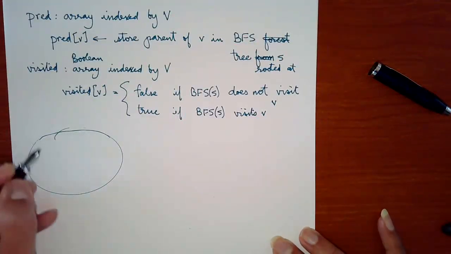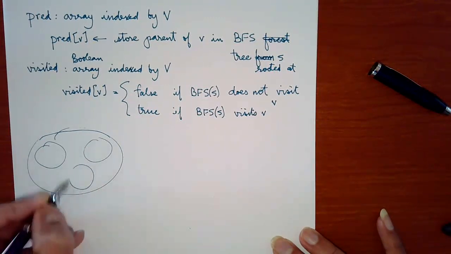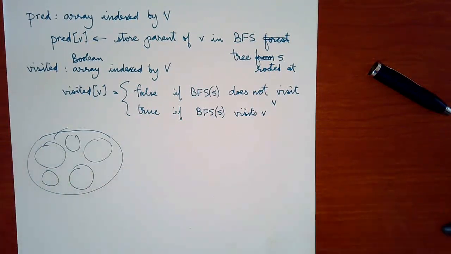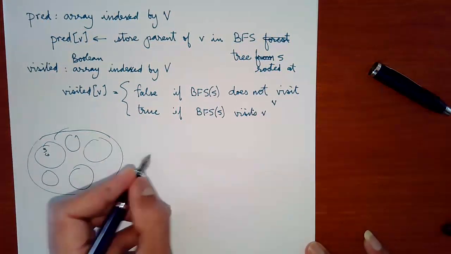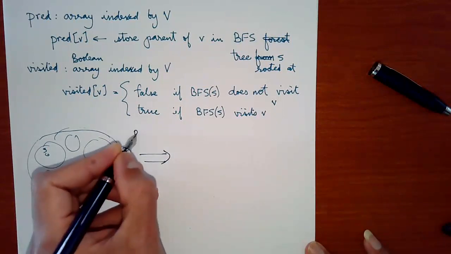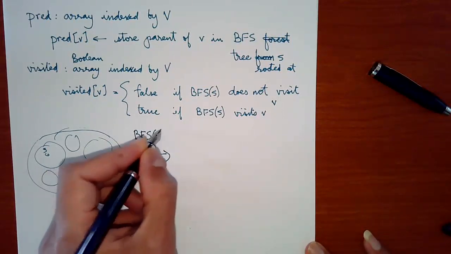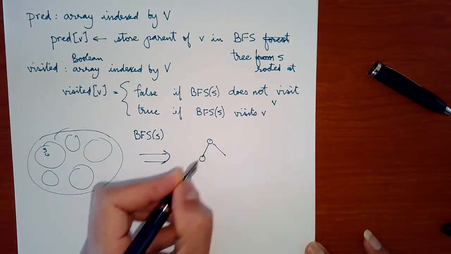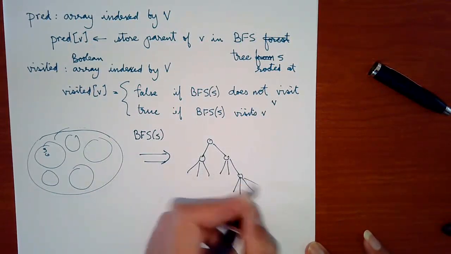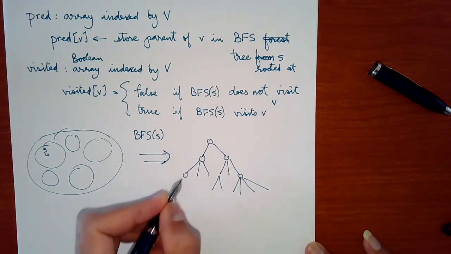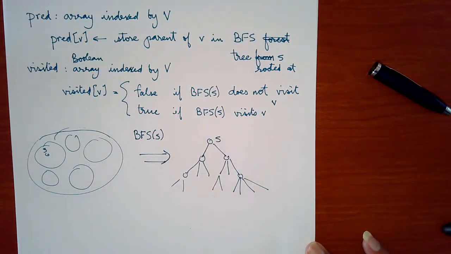Now note that your graph may have multiple connected components. Let us for the moment consider the graph to be undirected. When you run BFS S, it is going to output a tree, a rooted tree with S at the root.